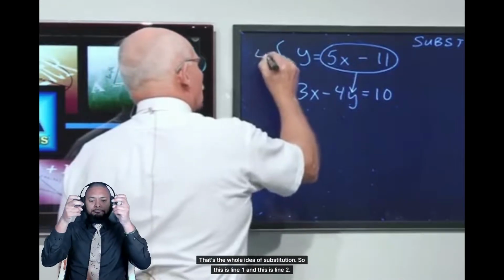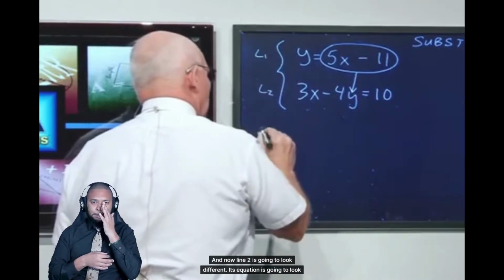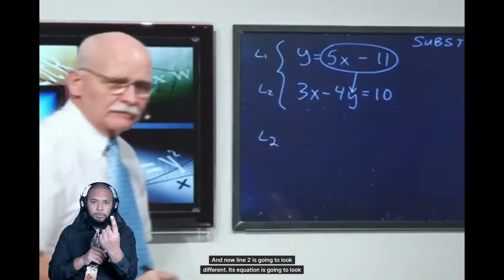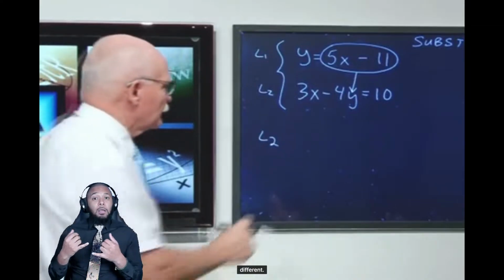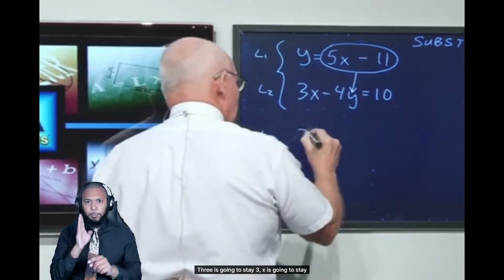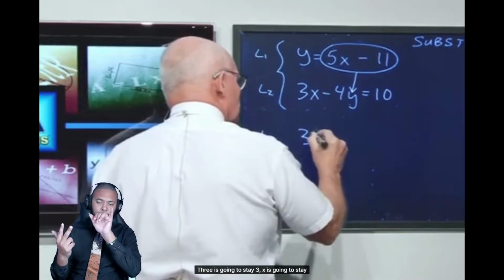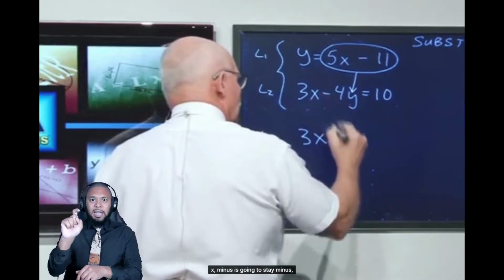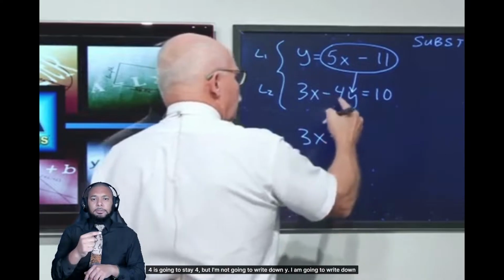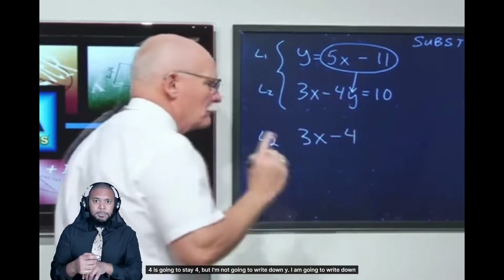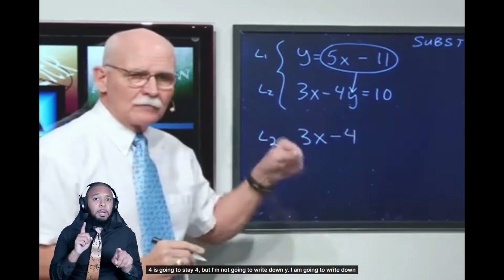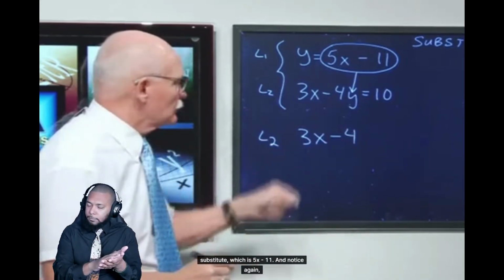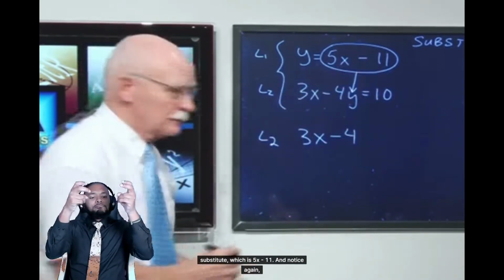So this is line 1, and this is line 2, and now line 2 is going to look different. Its equation is going to look different. 3 is going to stay 3, x is going to stay x, minus is going to stay minus, 4 is going to stay 4, but I'm not going to write down y, I'm going to write down y's substitute, which is 5x minus 11.